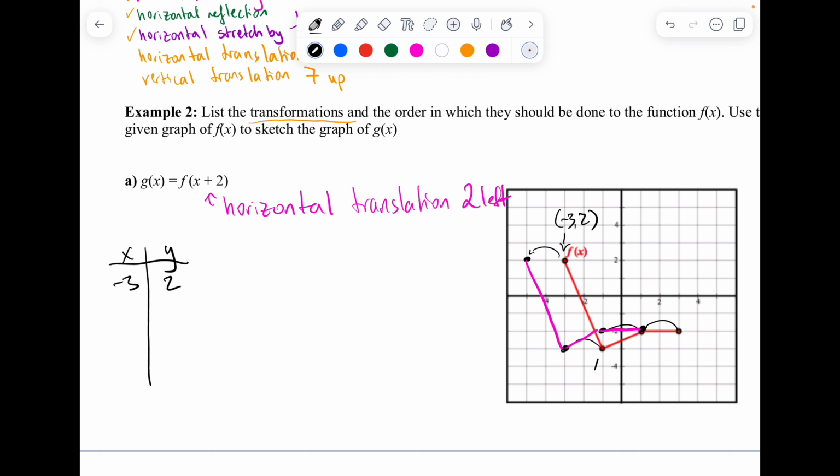This point here was -1, -3. This point here was 1, -2. And this point here was 3, -2.